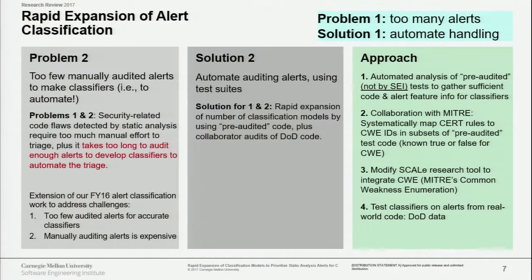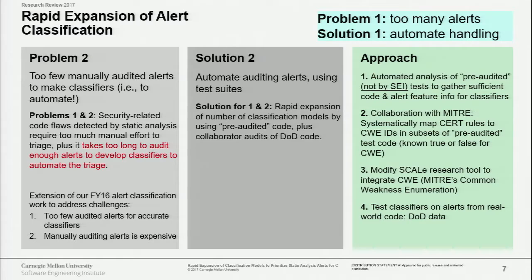Now, in our work last year, we realized that there's another problem. It takes too long to audit enough alerts to develop accurate classifiers to automate the triage for many of the CWEs or other coding rules. So the approach we took this year is to use an automated analysis of test suites.